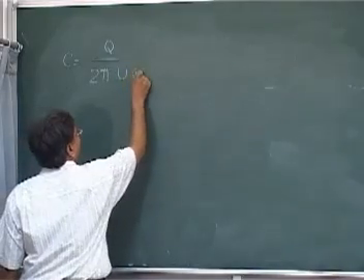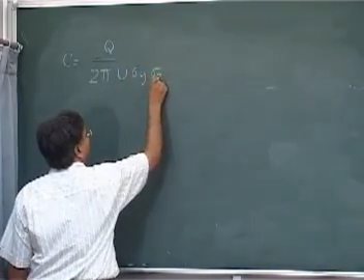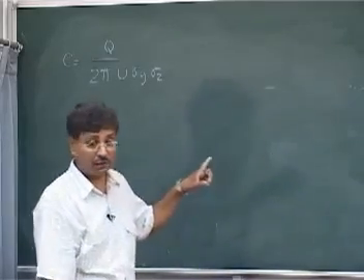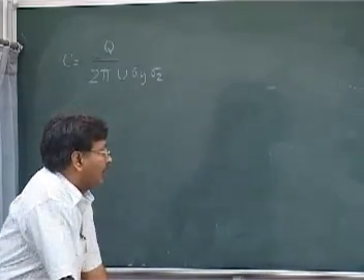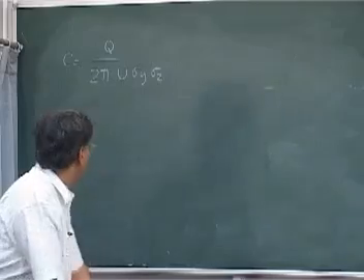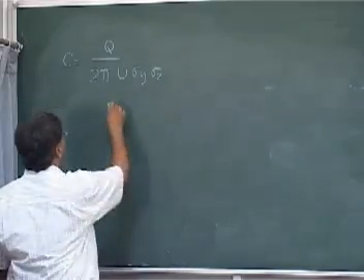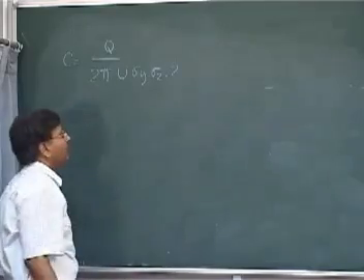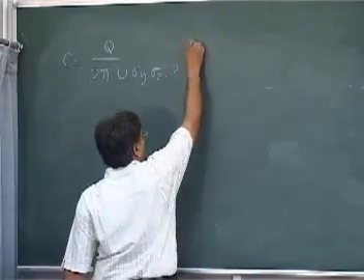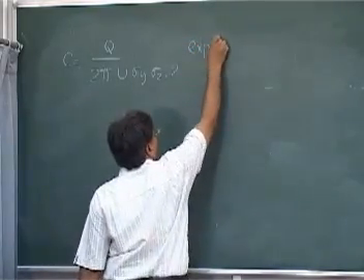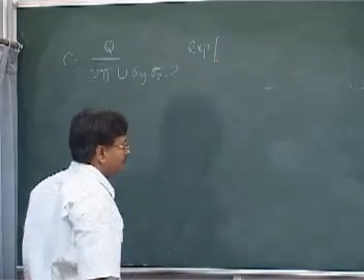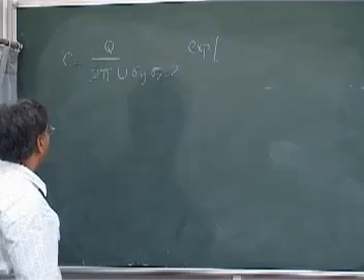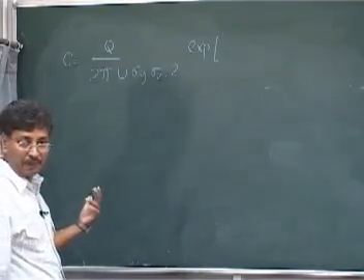u, the x will cancel, right, and the 2 also will come. Let's say let me write 2 here, and then exponential. The 2 will go up.